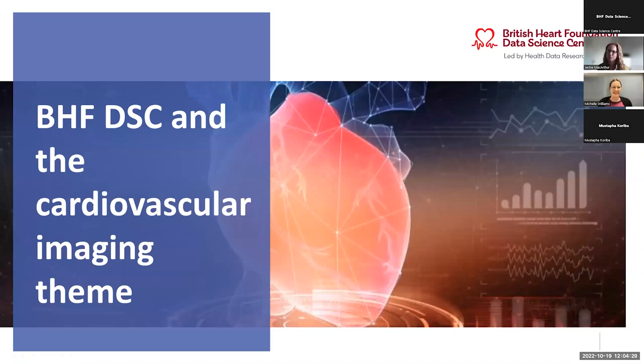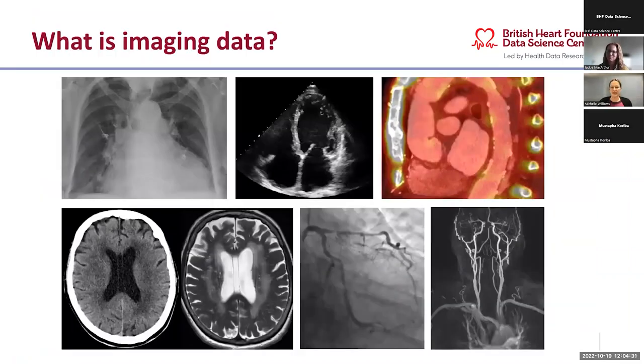Next slide, please. What is imaging data? Well, imaging data involves everything that involves taking a picture in any shape or form of the body. So that might be as simple as a chest X-ray or as complicated as a state-of-the-art PET MRI scanner. But anything that can make an image, we're thinking about as imaging data.